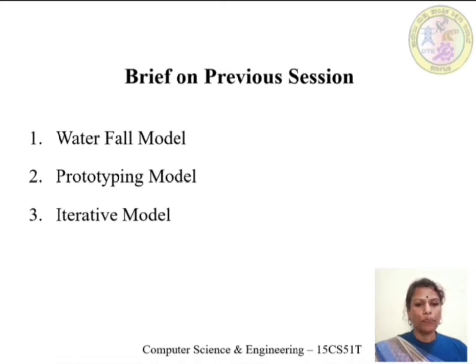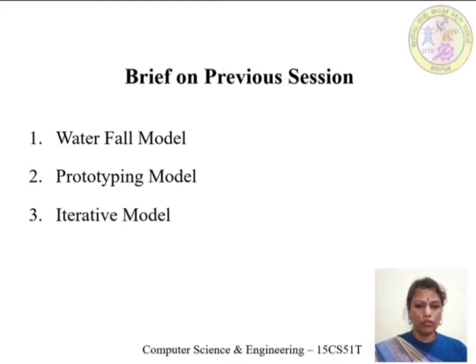That means the complete requirements of the project have to be understood and specified in the requirement specification phase itself. Once the complete requirements are understood, then only we can move on to the following phases of the waterfall model. If the complete requirements are not understood, then we cannot move to the next phases.